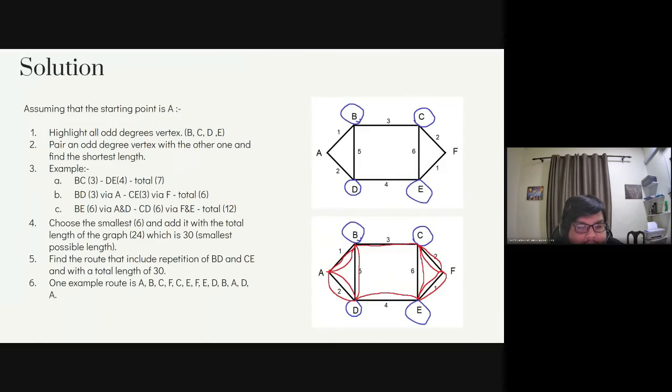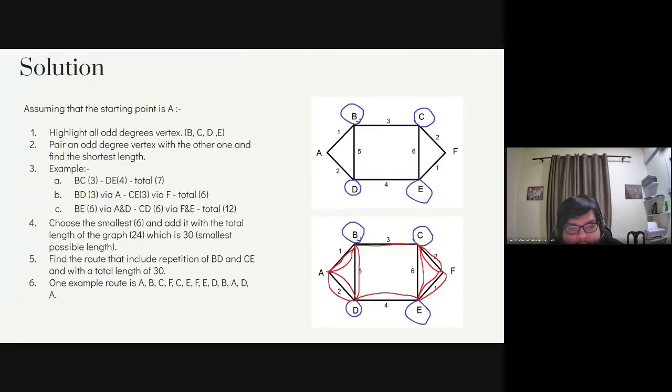So B to D, and C to E. After that, we have to total up everything. For example, A, B, C: 3 plus 4, and the total is 7. So B total is 6, C total is 12.